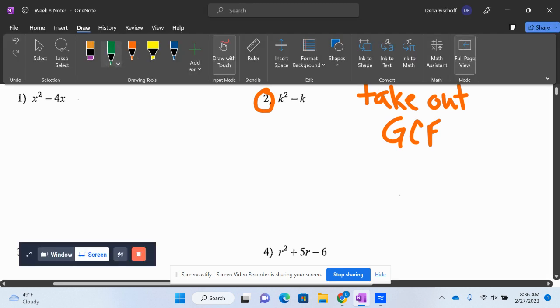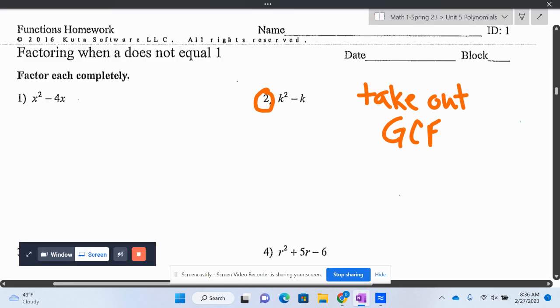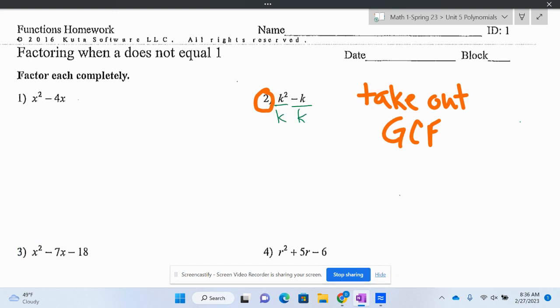So what can I take out of each term? Yeah, I can divide both of these by k. So I have to pull my k out front, and that leaves me with what? K squared divided by k is k, and negative k divided by positive k is -1. Okay.